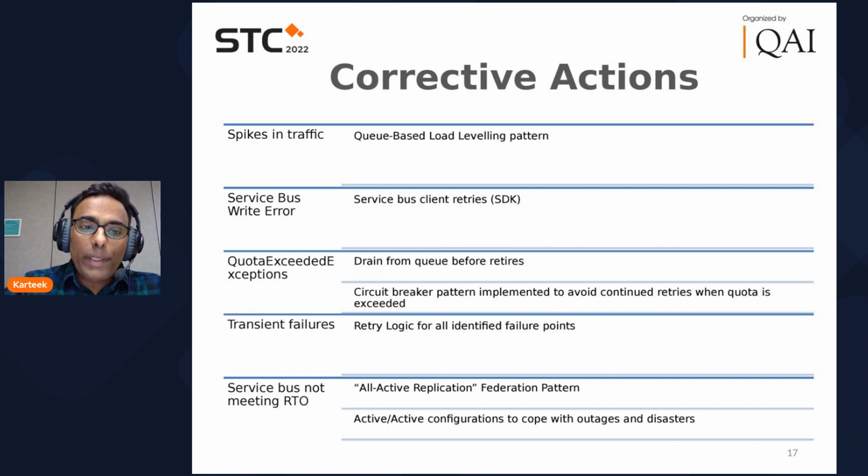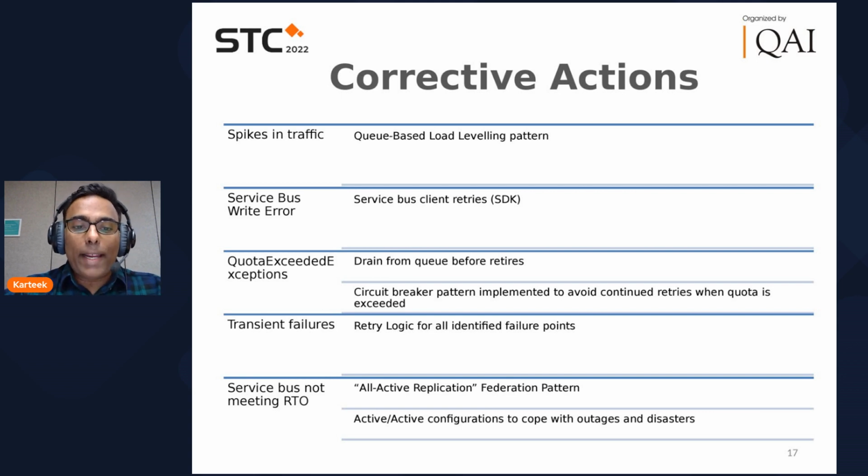Once we went to queue based leveling patterns, we started observing service bus client issues. This was during the unit performance. We changed to the SDK where we started getting auto retries enabled. With a spike test with 60,000 requests per second, we observed quota exceeded exceptions in our queues.